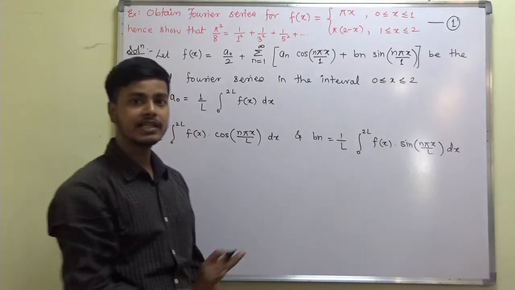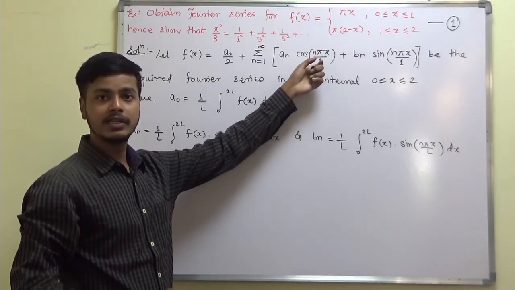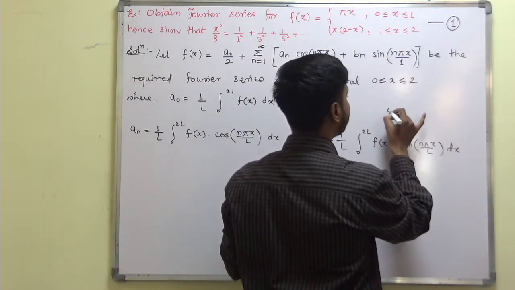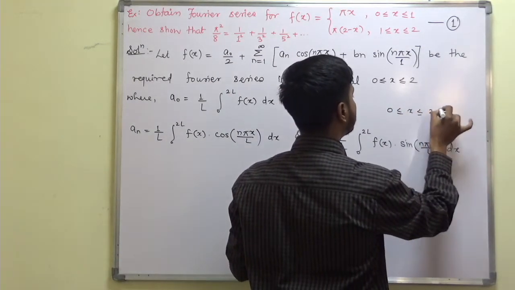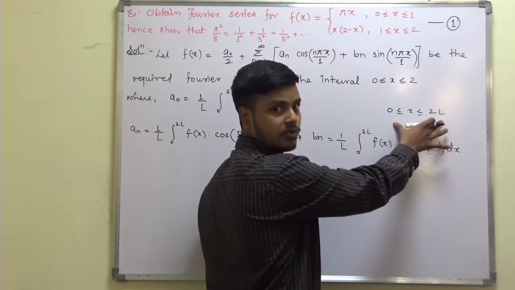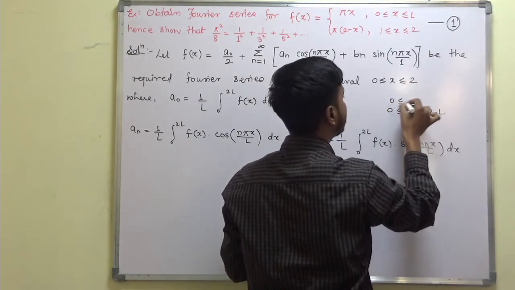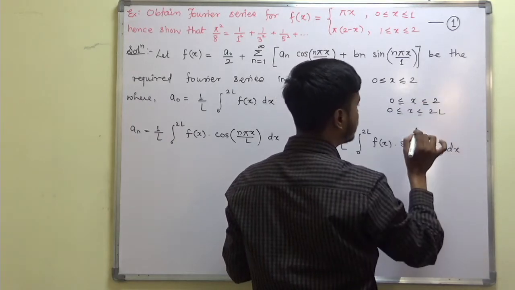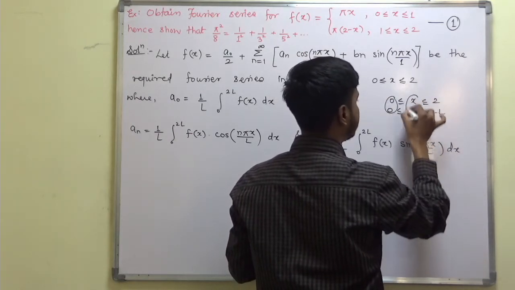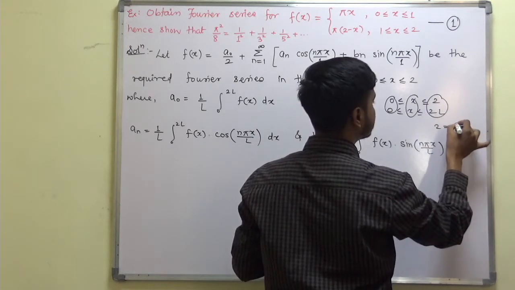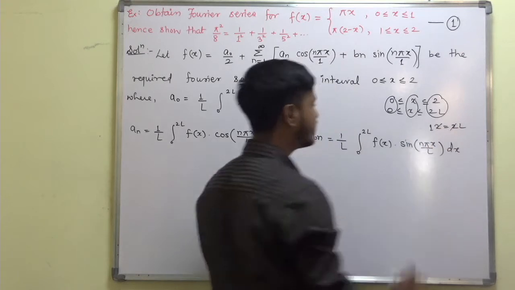Just looking at the interval, you can get the value of L, because we have the interval 0 to 2l. For this we have the series, and here the given interval is 0 less than or equal to x less than or equal to 2, so 2 is equal to 2l. So L is equal to 1.